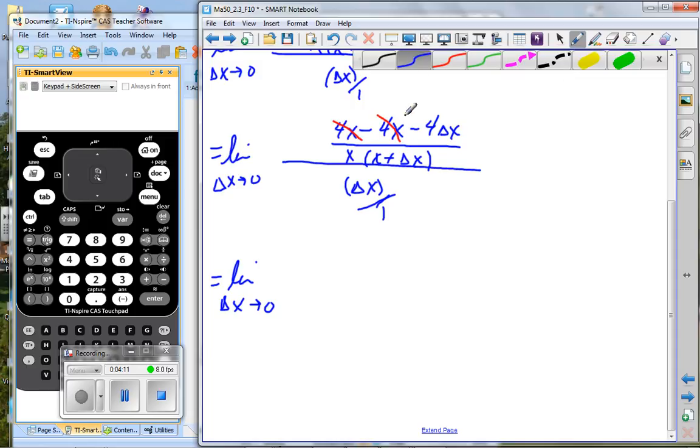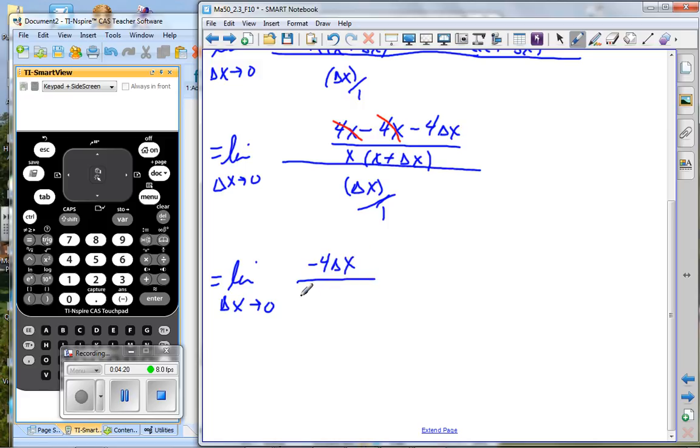So I will do that, and I end up with negative 4 delta x divided by x times x plus delta x times, and we're going to invert this and multiply 1 divided by delta x.